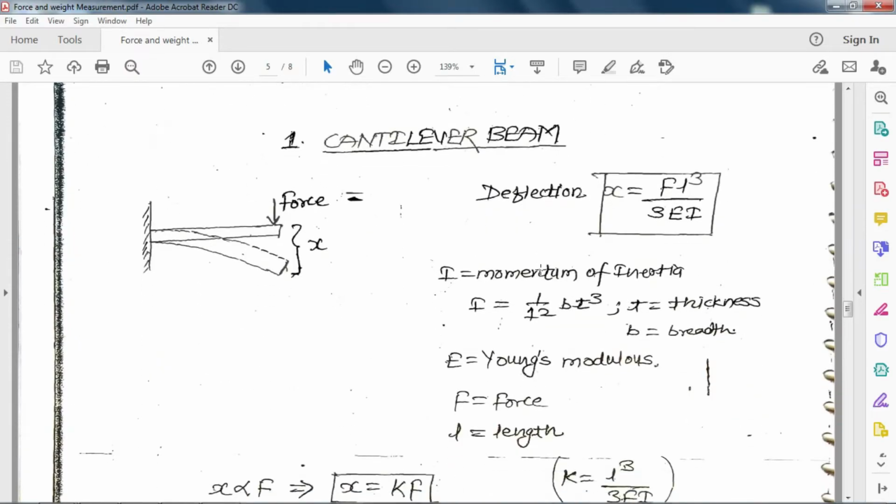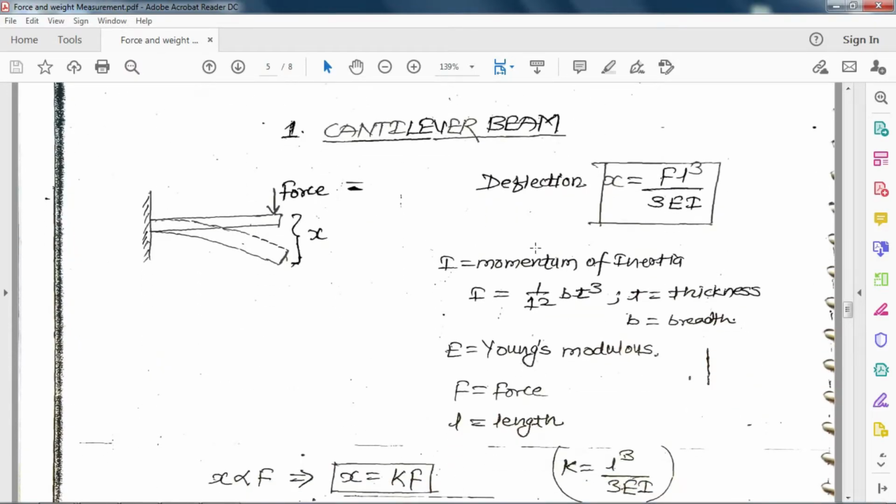Then here is our cantilever beam. For a cantilever, after applying a force F, we have a displacement x. Our deflection x is equal to F L cube upon 3 EI. L is the length of this cantilever beam, E is the Young modulus, and F is the force.